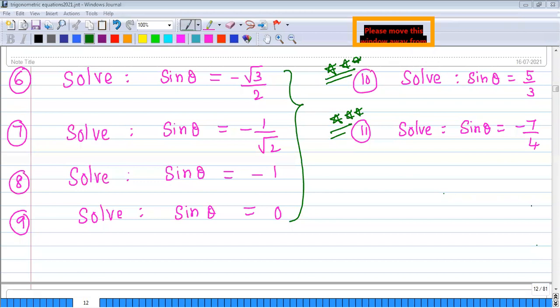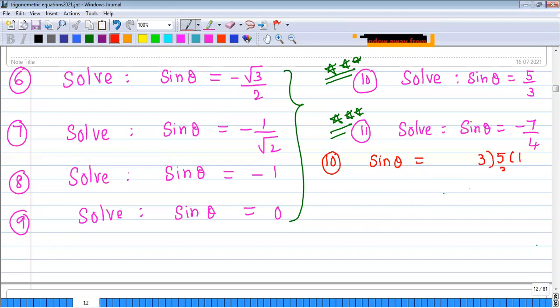So very good. 10th and 11th, no solution. As far as the 10th question is concerned, sine theta equals 5 by 3. 5 by 3 means 5 divided by 3, which is approximately 1.6.